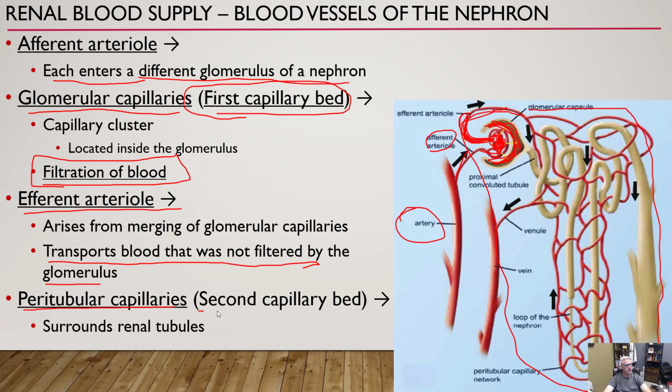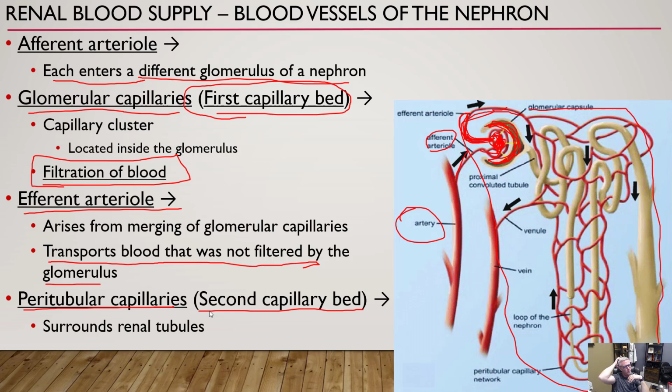So this secondary capillary bed is just this capillary network that surrounds the rest of the nephron to allow for, remember I talked about, secretion and reabsorption, and we'll get into the definitions of what that means later on.